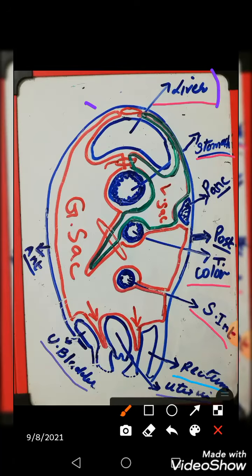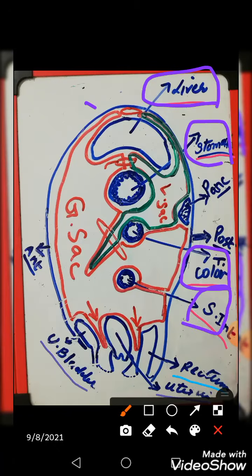So first see, there is the liver, and then just below it you find the stomach. Then you observe the third important structure or landmark is the transverse colon, and the fourth one is the small intestine, right?